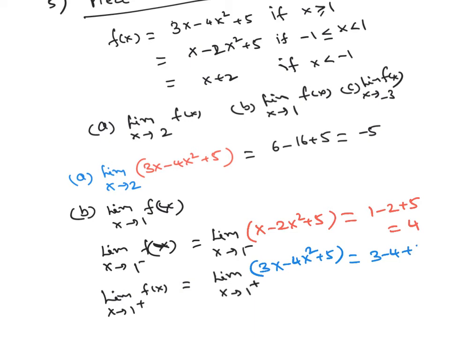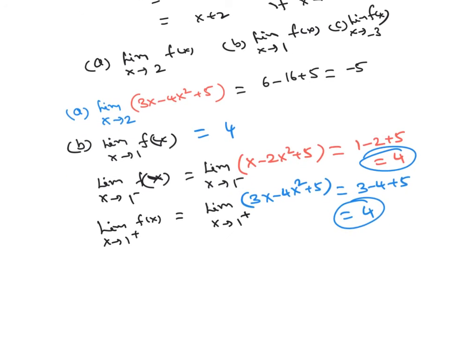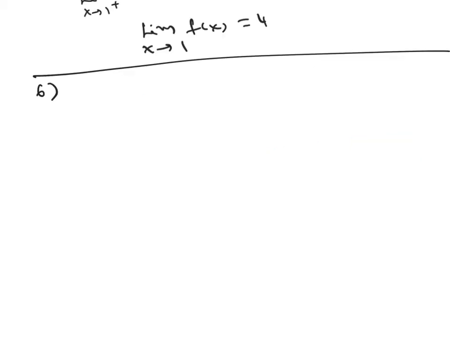If I plug in, I get this, which is 4. Since both pieces are the same, I would say the limit exists and the common value is 4. If they are different, I would have said that the limit does not exist. So my conclusion for this problem would be this.